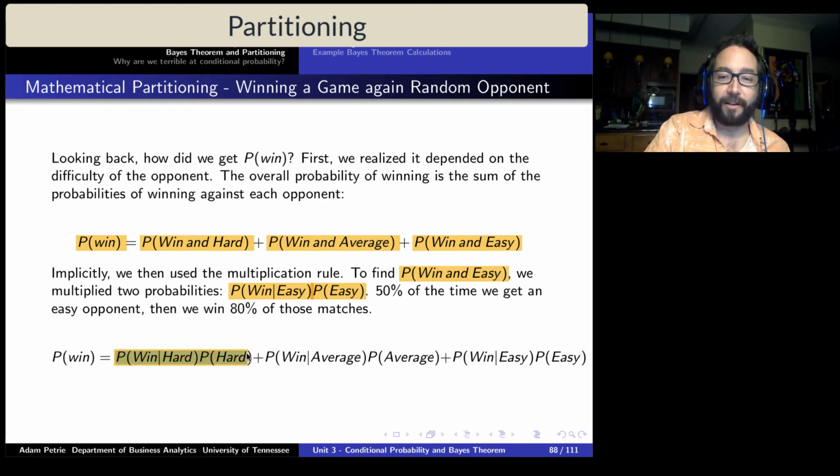We said win and hard is just the probability of win given hard times the probability of hard, the probability of running into a hard opponent and then winning against him, plus the probability of running into an average opponent times the probability of winning against them, etc. And so this is what the partitioning trick is trying to get at.